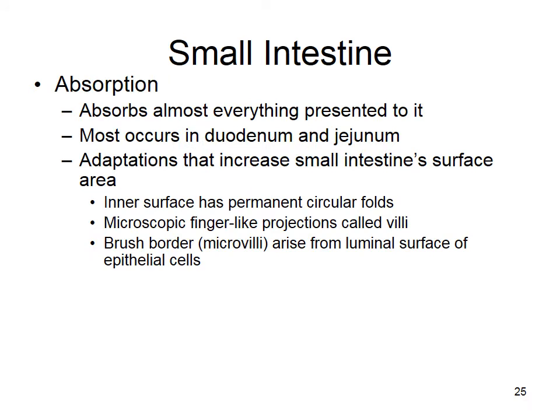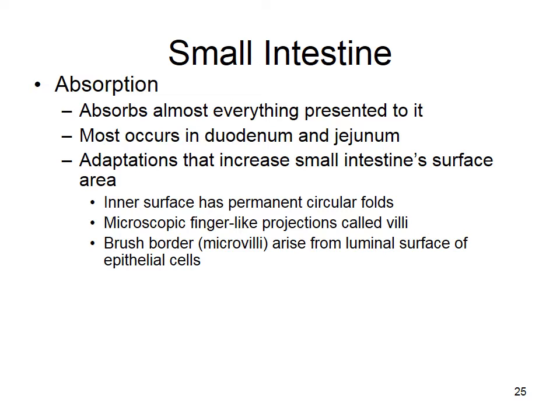Okay, absorption. The small intestine absorbs almost everything presented to it, and the vast majority of absorption occurs in those upper two segments, the duodenum and the jejunum. The reason the small intestine is so good at absorption is because it has a huge surface area. It has permanent circular folds, sort of squeezed together like a xylophone.